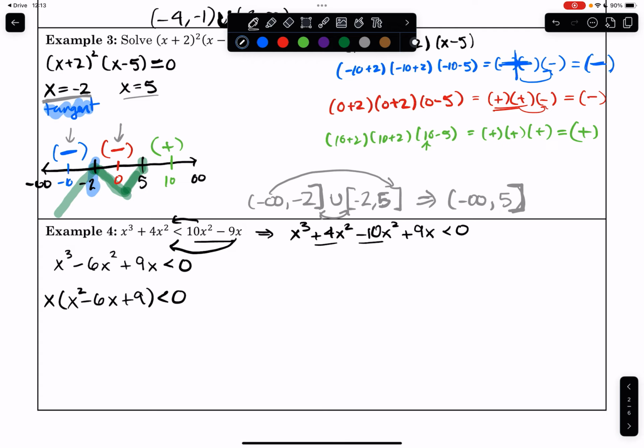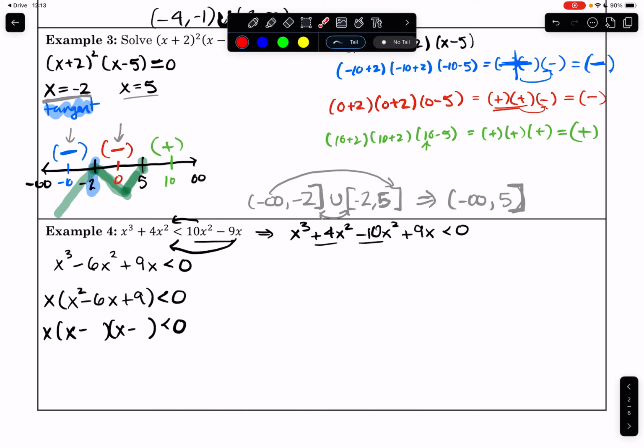Now we still can't figure out what's going to make this equal to 0, because remember, I need the linear factors. I do not have all of the linear factors because this is raised to the second power. So I need to break this apart into its linear factors. So the factors, negative times positive is negative.